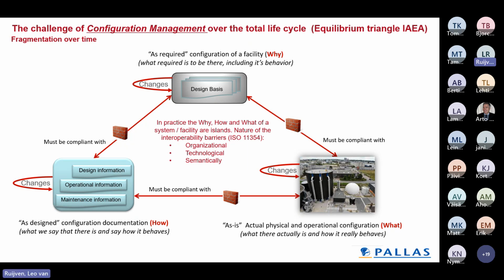This is what we call the equilibrium triangle from the nuclear energy atomic agency. Those three worlds are separated for three main reasons: they are organizationally different, use other technologies, and use another language semantically. Those are the three barriers according to ISO 11354, which is, by the way, a very good standard on interoperability barriers.